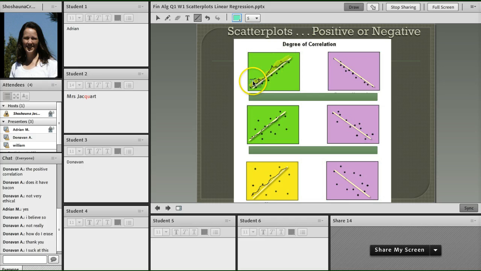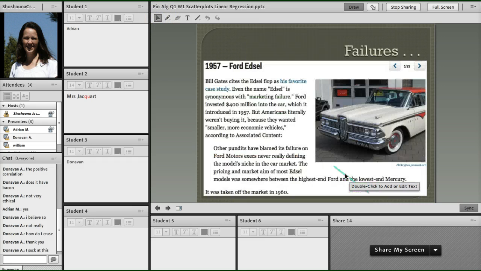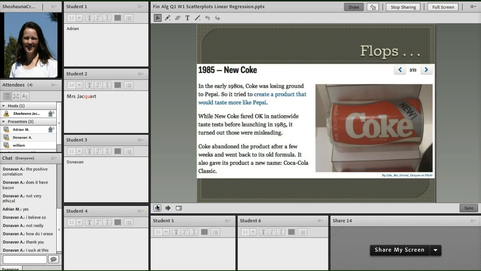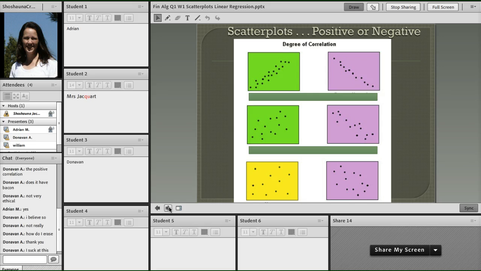Green's a bad color because there's green already there. Grr. Okay, guys, I totally made it all go away.